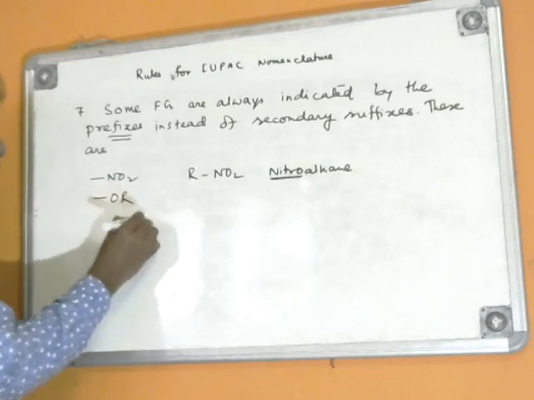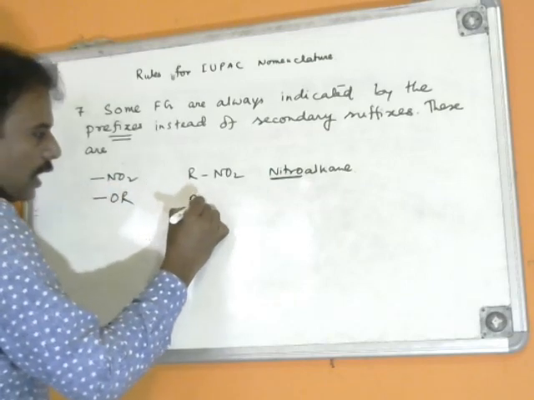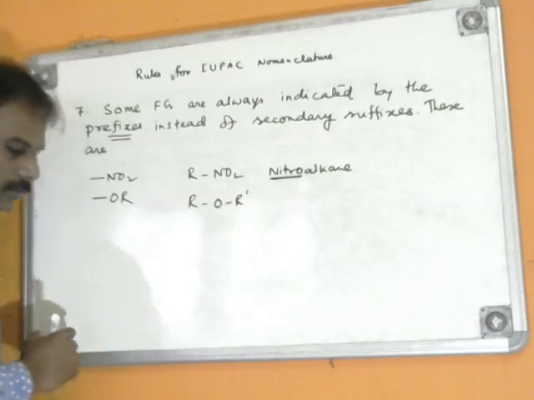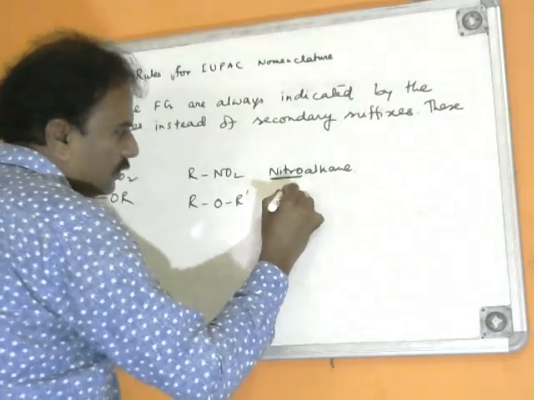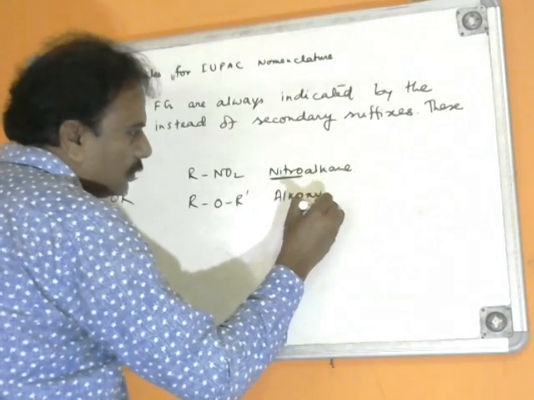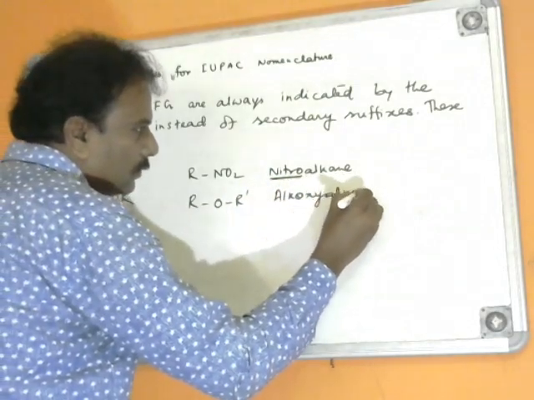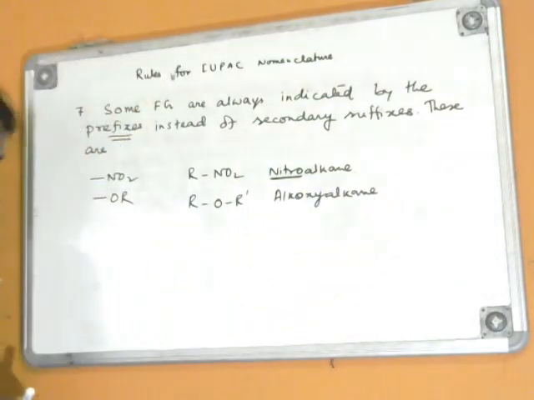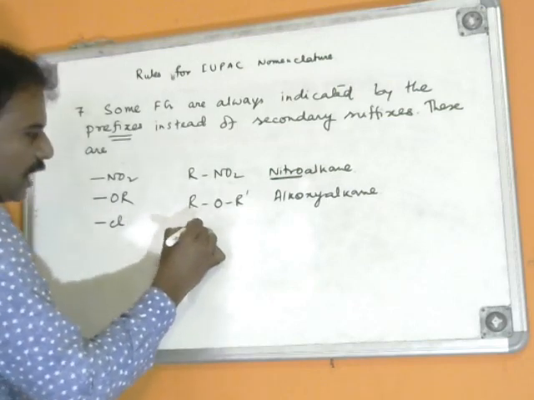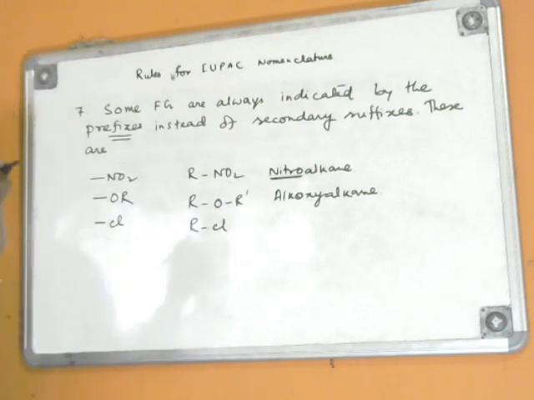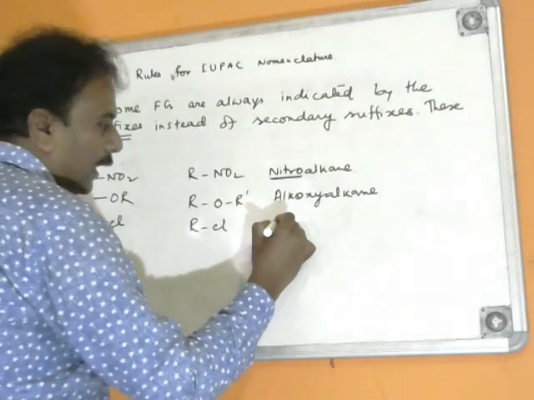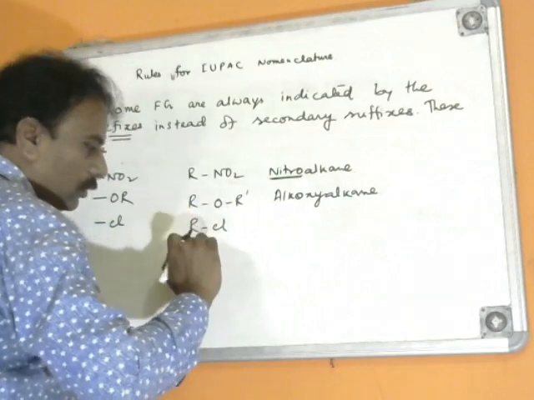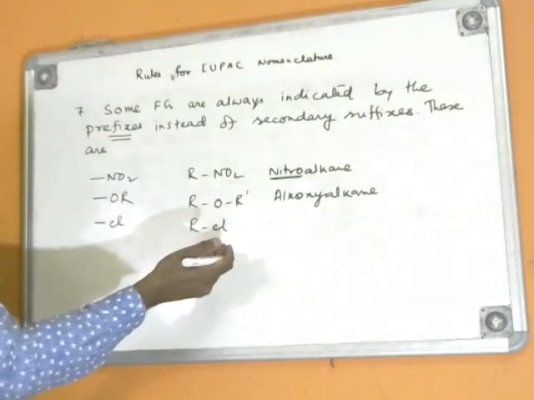Similarly, OR, that is R-O-R', this is an alkoxy group. So the compound is alkoxyalkane. Similarly, chloro. Suppose RCl. You will not write alkane chloride.